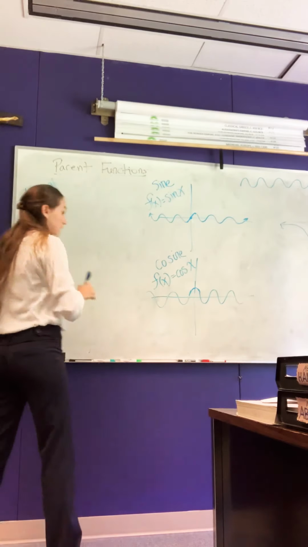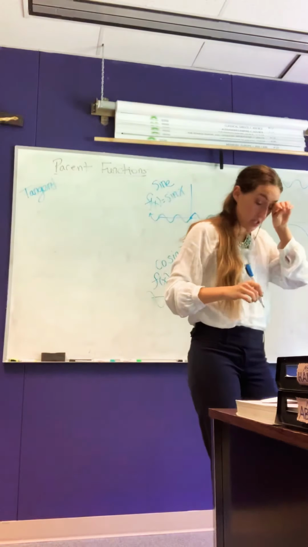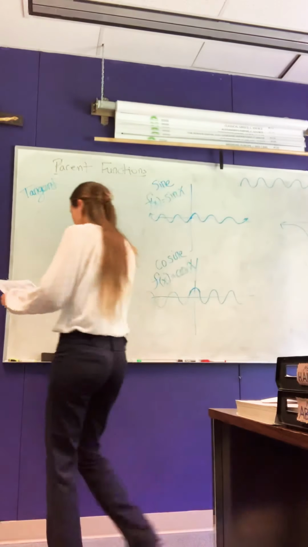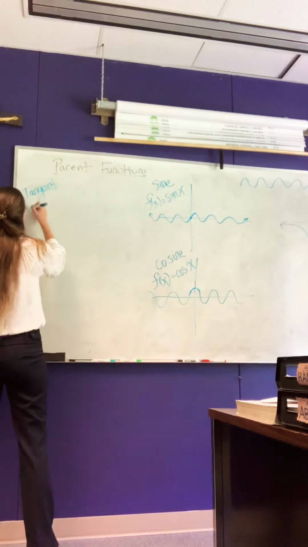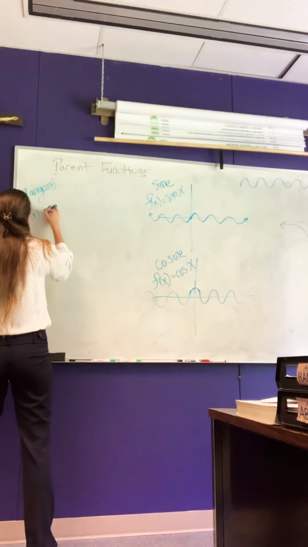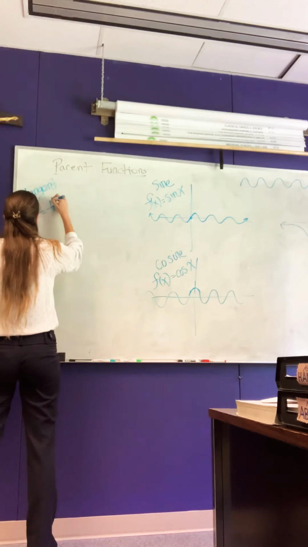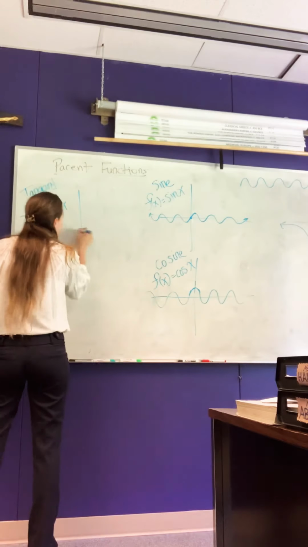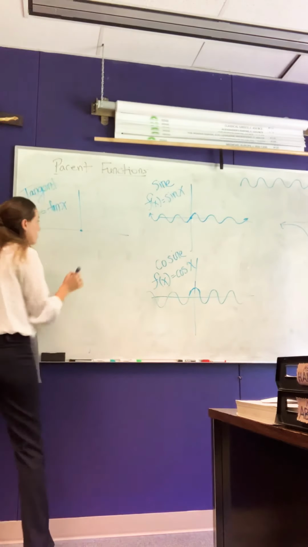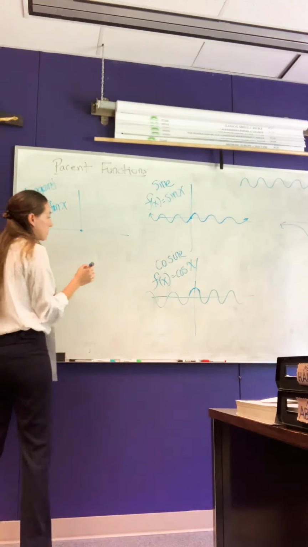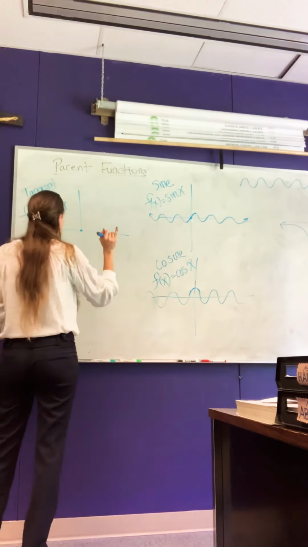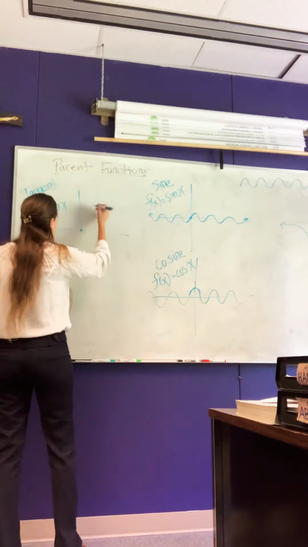So it is the tangent, T-A-N-G-E-N-T, which will be f of x equals tan, which is the button on the calculator, T-A-N of x. It passes through 0, 0, and you get kind of like the cubic, but with a pattern.